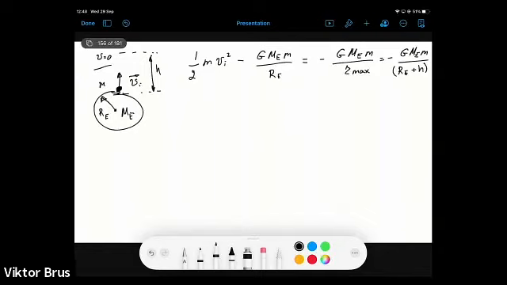So I guess since we are running out of time, we don't want to be in a hurry with this. We will start our discussion from this point on Friday, and we'll discuss the derivation of the escape velocity in more detail.